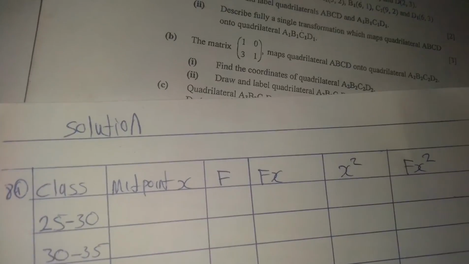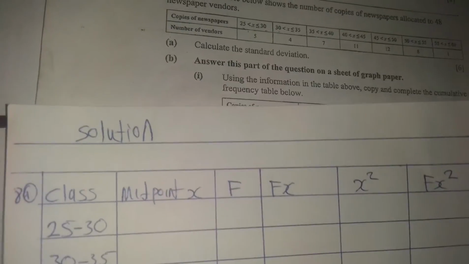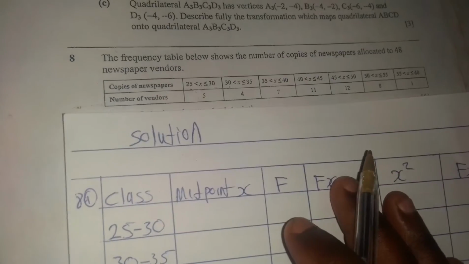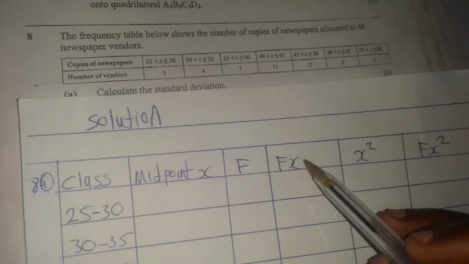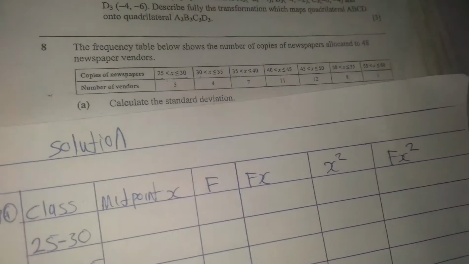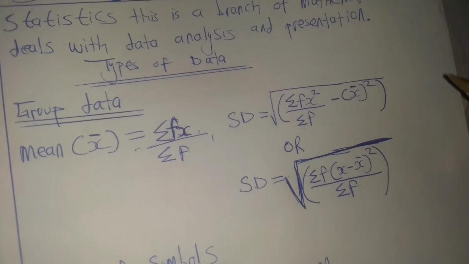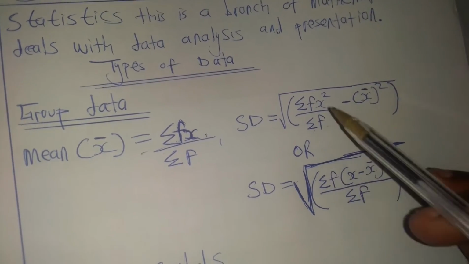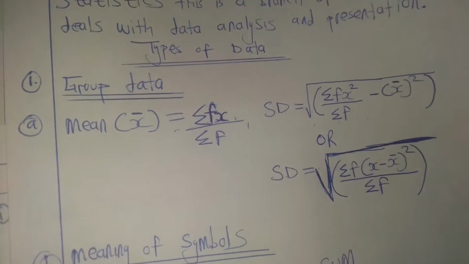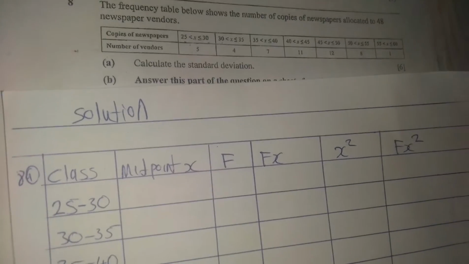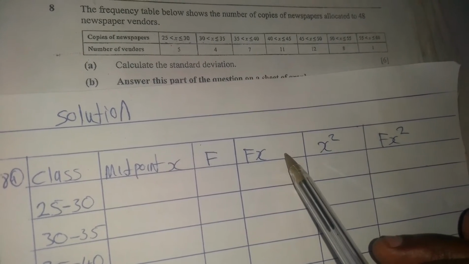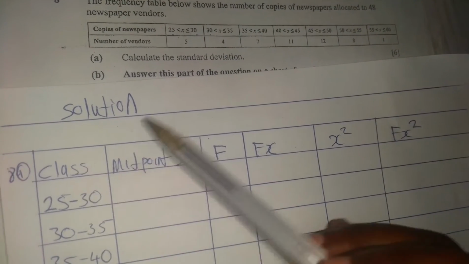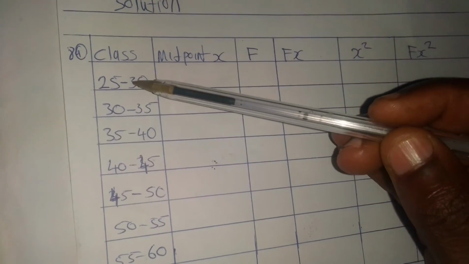In this table you'll have the class, midpoint x, f times x, x squared, then f x squared. Remember, I'm referring to the first formula, I'm not using the other one, as I told you earlier. I've already written the class numbers from 25 up to 60.